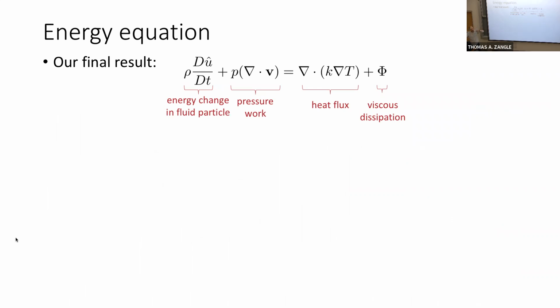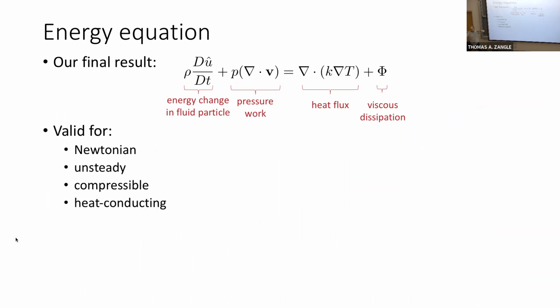We have four terms. This is a pretty general form of the heat balance differential equation. It's valid for a Newtonian fluid, it's valid if it's unsteady, it's valid if it's compressible, it's valid for conductive heat, right?